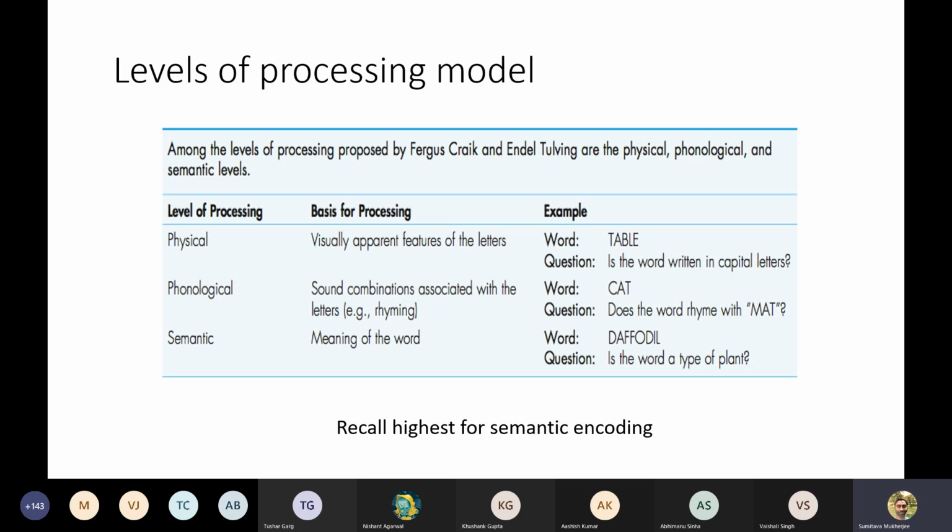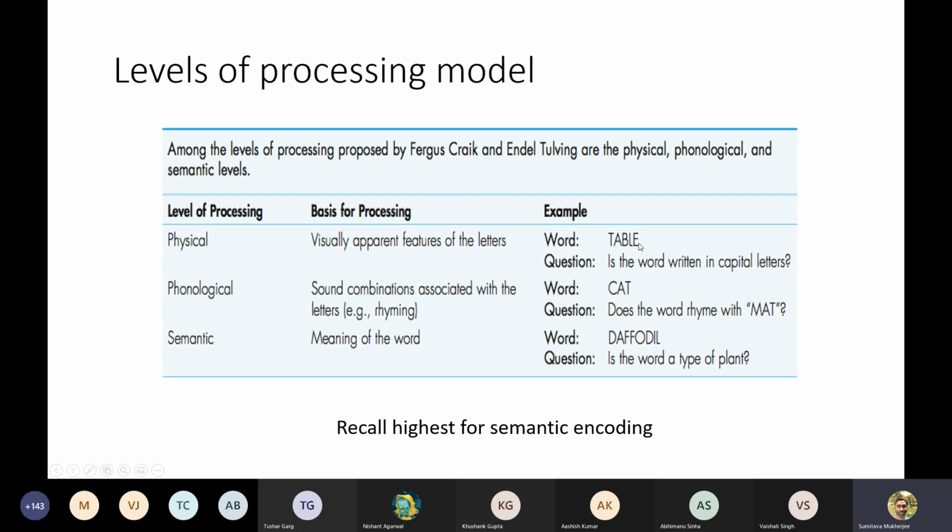All right, so here is an example of levels of processing. So imagine that there are 3 levels of processing. Theoretically, it can be infinite, but for our sake of argument, let's say there are 3 levels of processing. And one level of processing is mainly at the visual feature. So you really are not paying too much attention.